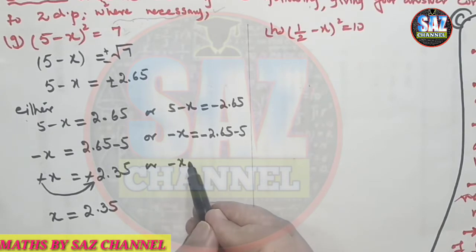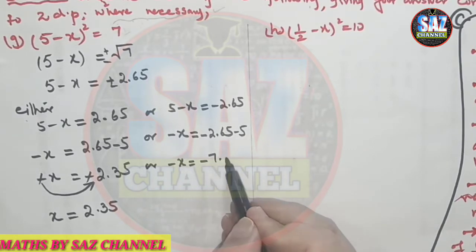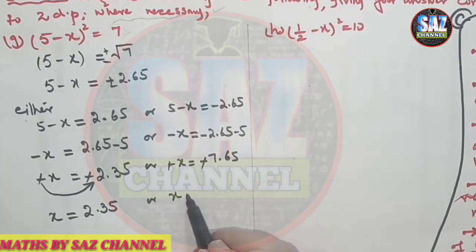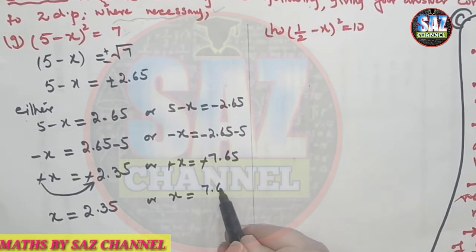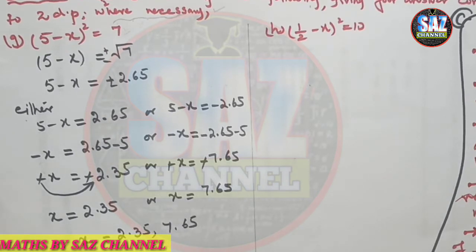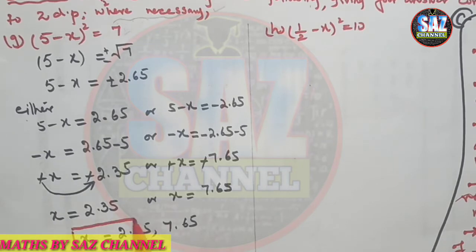We can add up the whole numbers, minus 7.65, or again remove this minus sign from both sides, and I will have x equals 7.65. So the two solutions or two roots of this equation are 2.35 or 7.65. I hope you are clear about this question. Let's move to the next question.